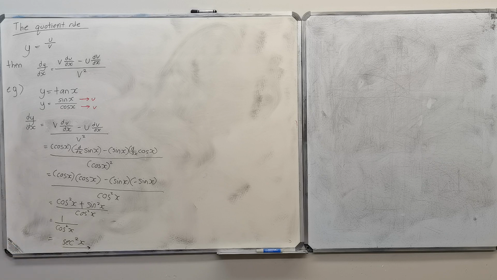Now if you go back to your rules page and look at the differentiation of tan x, the short method would have been that.